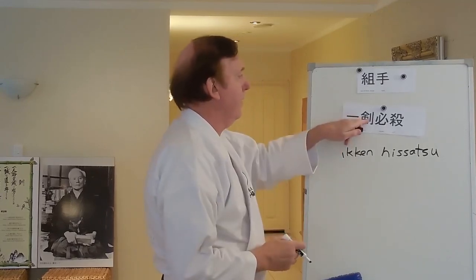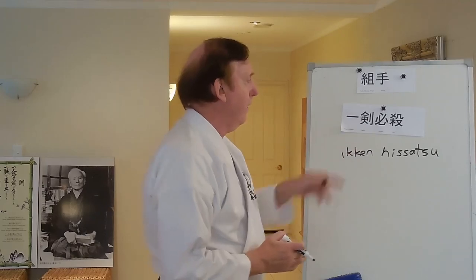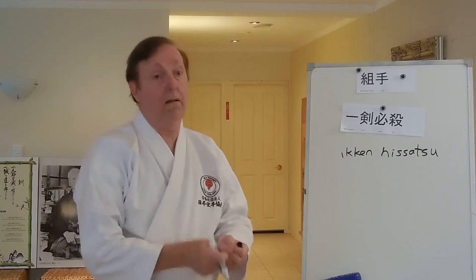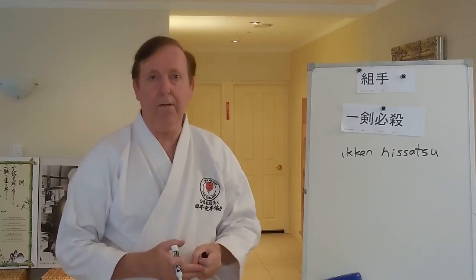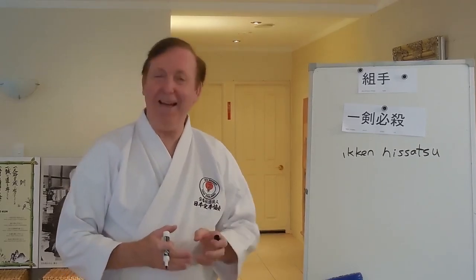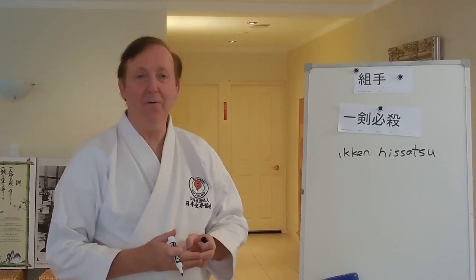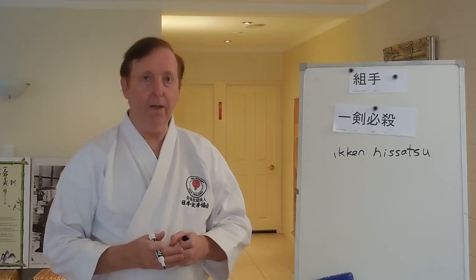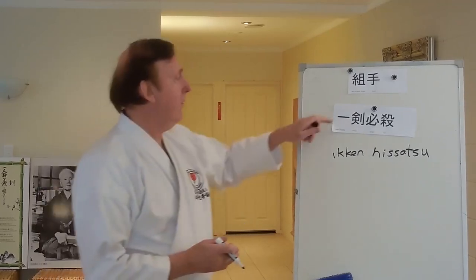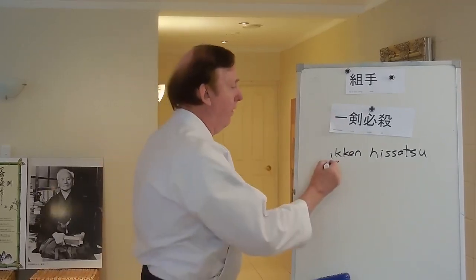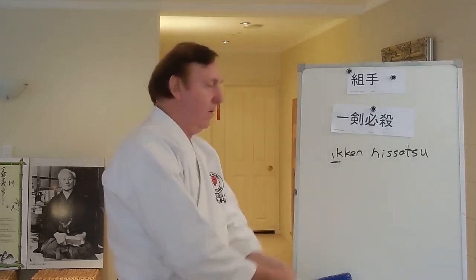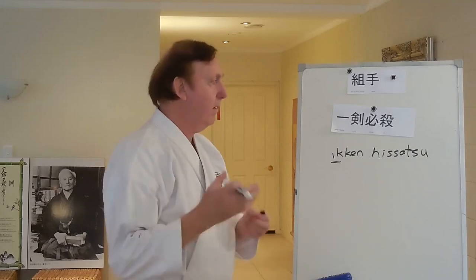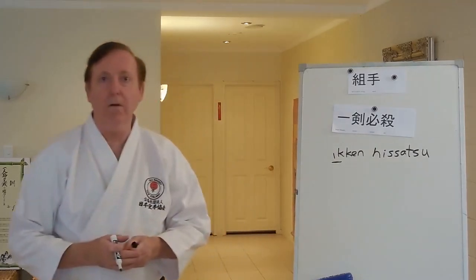Ken in this kanji is a sword, and hisatsu actually means to kill, certain death. So that goes back to samurai times, obviously, with the sword. And the idea of training with the sword was to make a perfect kill in one strike. So ichi means one, and ken means sword, and hisatsu means strike or certain kill, to kill someone with one strike.